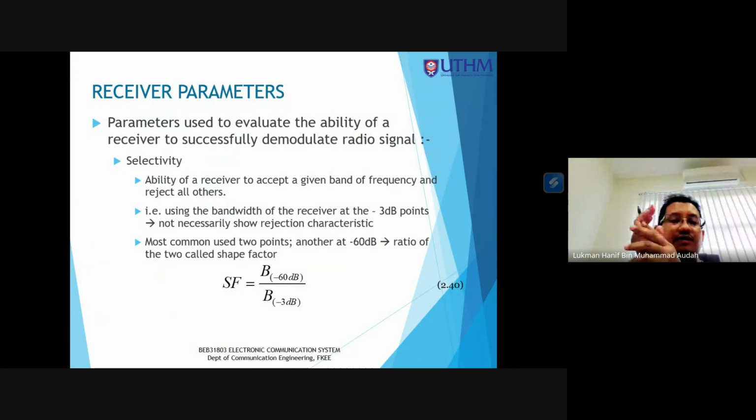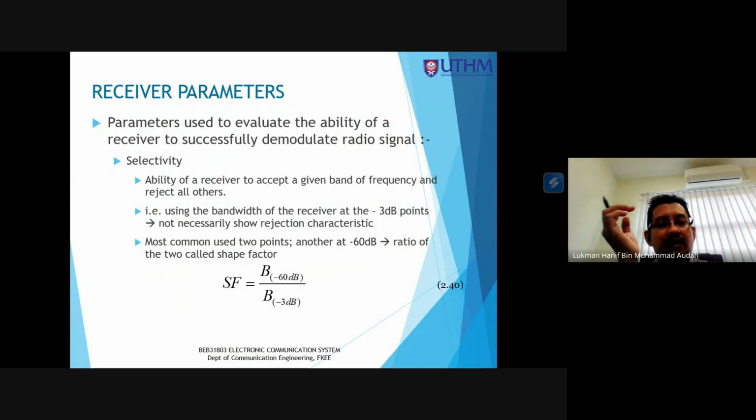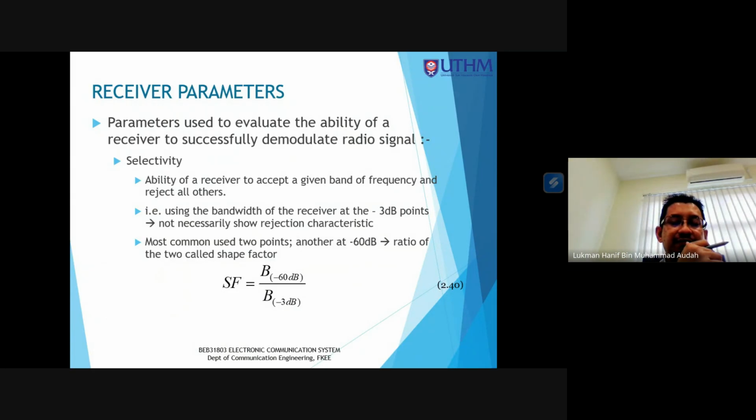The unwanted frequencies will be rejected. How good the selection process is can be defined using the parameter of shape factor, SF. Shape factor is equal to bandwidth at minus 60 dB over bandwidth at minus 3 dB.